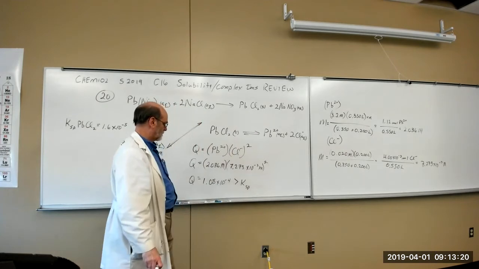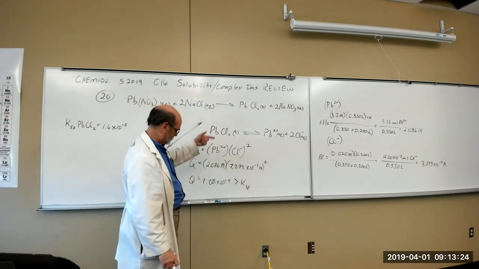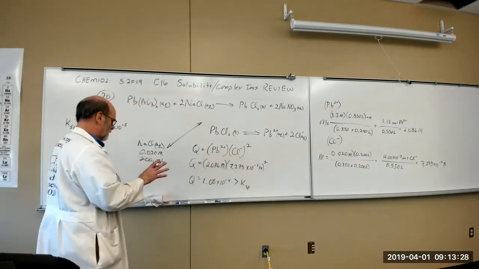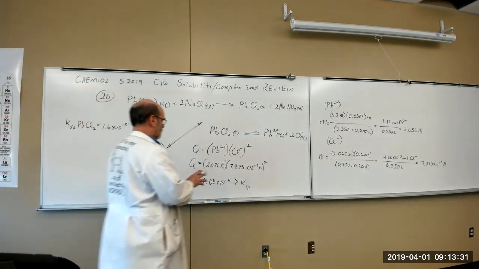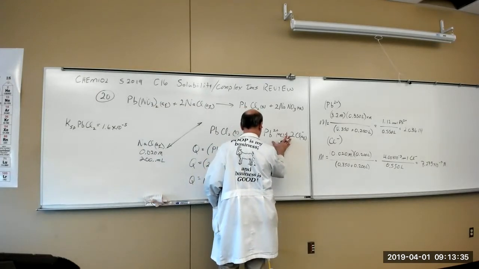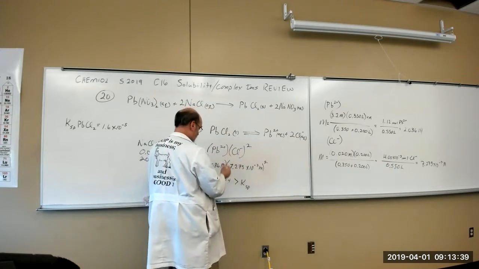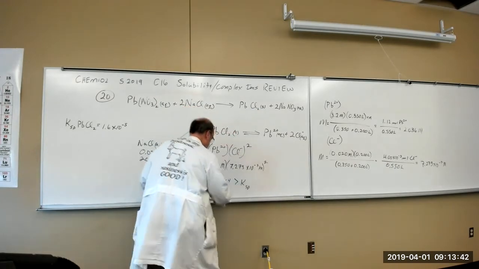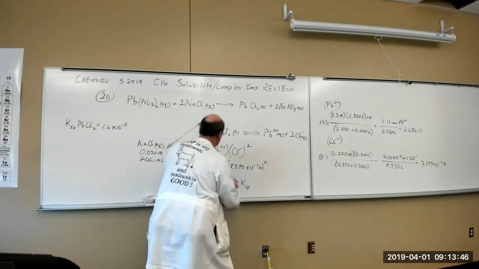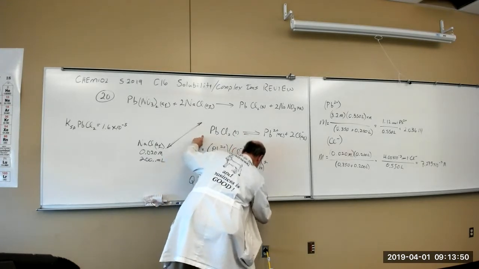Oh, I'm sorry, I was writing, so I didn't know which way you pointed. Hold on a second, let me think. If Q is greater than KSP, no, it's going back this way. That means it favors reactant. Right.